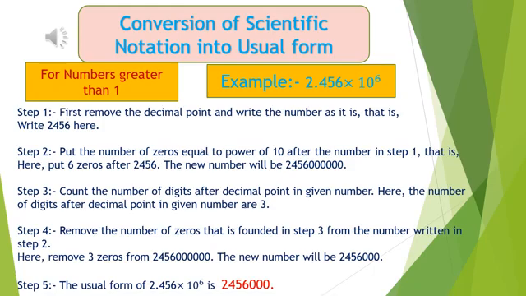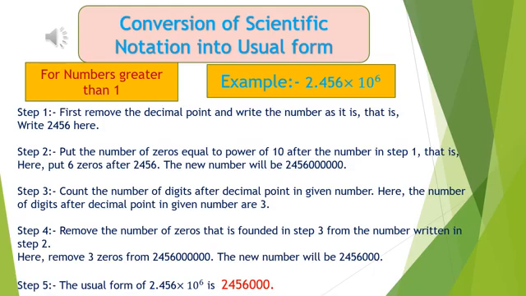Now step number 1. First, remove the decimal point and write the number as it is. That is, you will remove the decimal after 2 and write the number 2456 as it is. Now, step number 2.